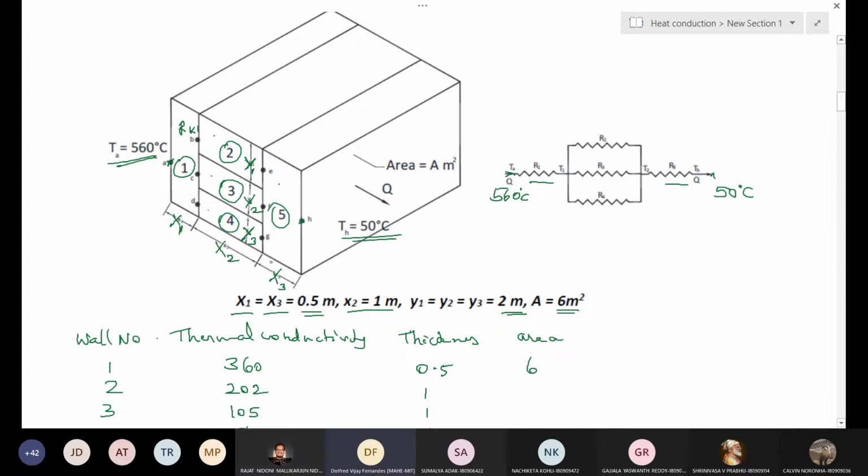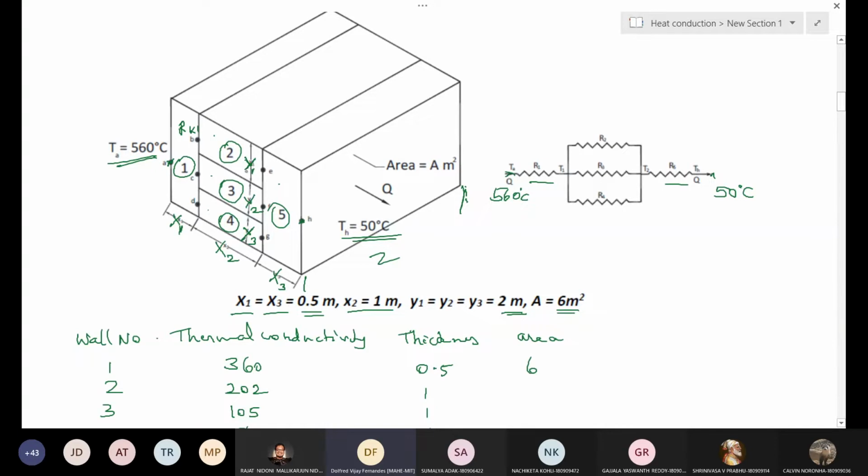Every wall has 2 meter square area because the entire area is 6 meter square, and we know the Z length of each wall is the same. 1 to 5 all have the same Z length. So the area depends only on the Y length of the wall.